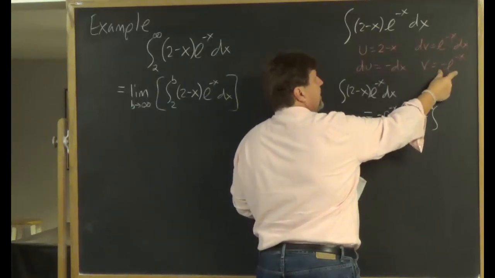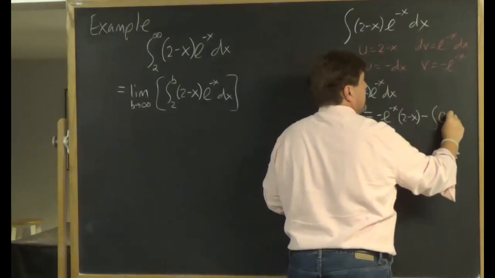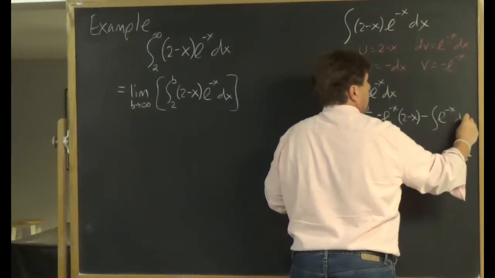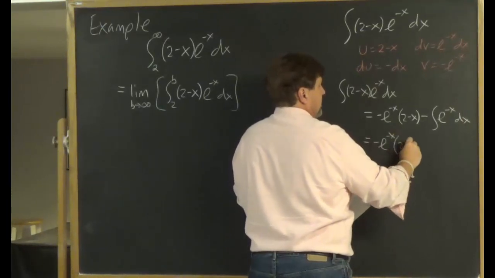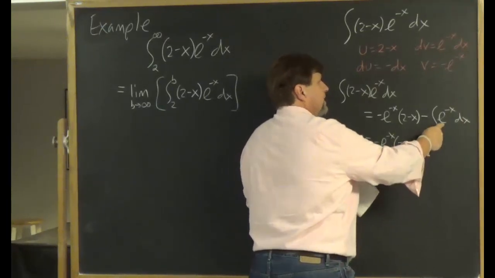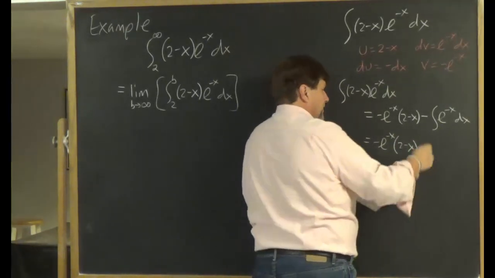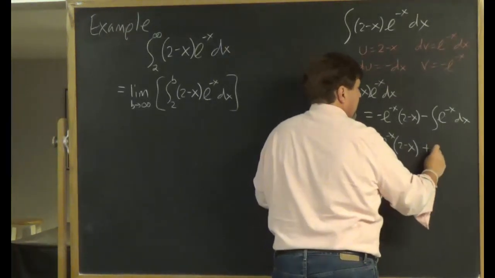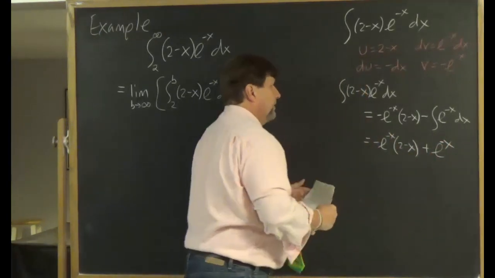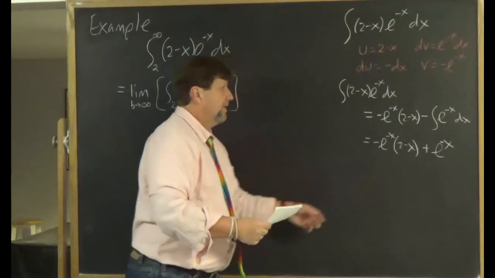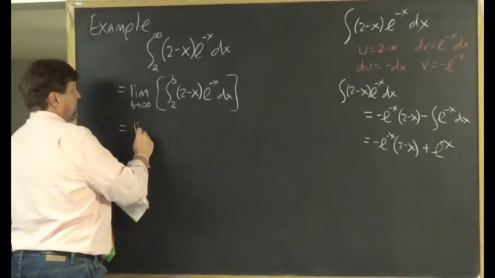So that's a negative e to the negative x, negative dx. Negative times negative is positive. So I get negative e to the negative x, 2 minus x. The antiderivative of e to the negative x is just negative e to the negative x. So minus a negative gives a plus e to the negative x. So I have an antiderivative. Let me pull the antiderivative back over here.